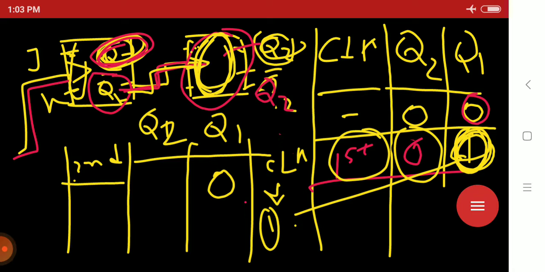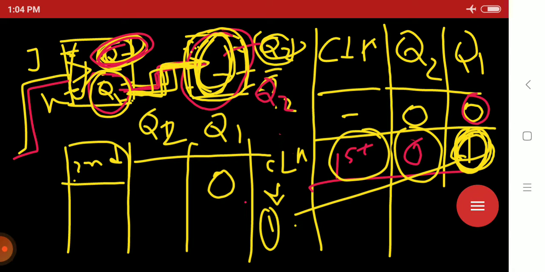Now the second clock pulse. After the second clock pulse, we are getting Q1 is 0. Q1 0 means the complement Q1 bar is 1. Now this will give the clock pulse to the second flip-flop. The second flip-flop will get clock pulse 1, and clock pulse 1 means for positive edge triggering the flip-flop will be on.